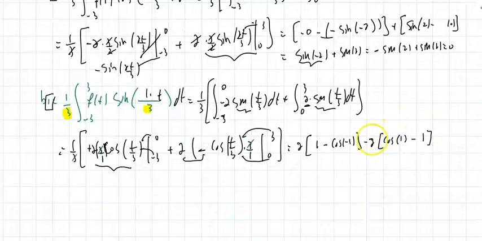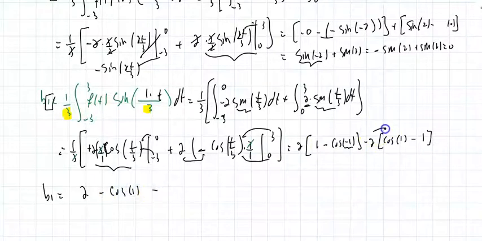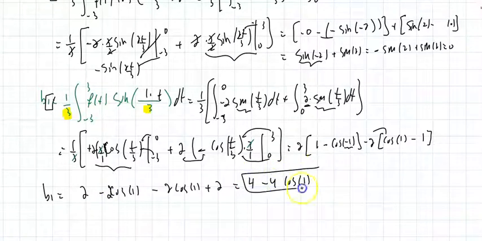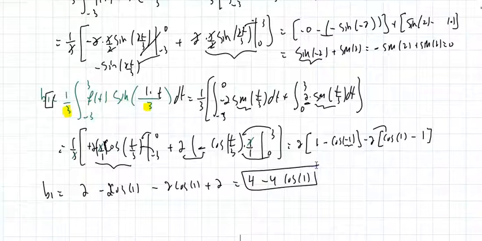And what would that be? B sub 1 would be 2 minus, remember, cosine of negative 1 is the cosine of 1. So I'm getting a 4 minus 4 the cosine of 1. That's B sub 1. Very good.